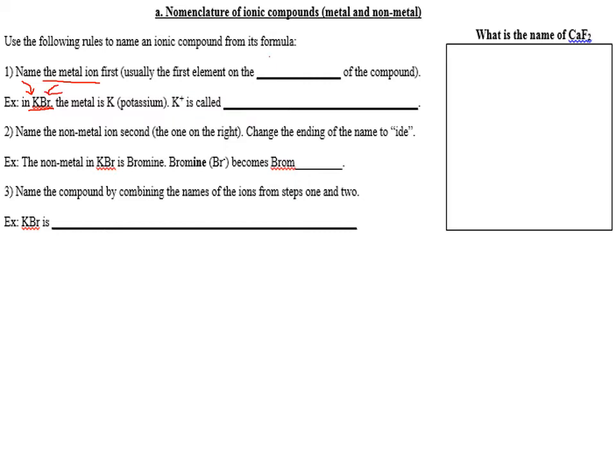So the element on the left of the compound is going to be your metal, and that's the ion you're going to name first. So in this case, we have the potassium ion, and the name of metal ions, remember, doesn't change. It's still just potassium. So K plus is simply potassium.